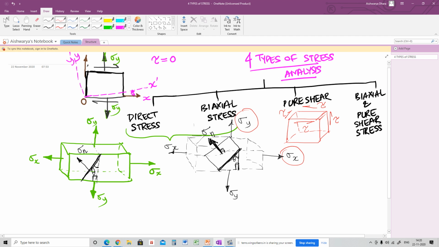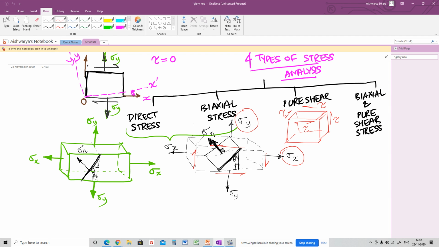Then comes the biaxial and shear stress condition. That means this particular body will undergo both bidirectional as well as shear stress. That means it will have some kind of shearing also. Now we will see how, if such a body undergoes different kinds of loading systems, the principal stress occurs.